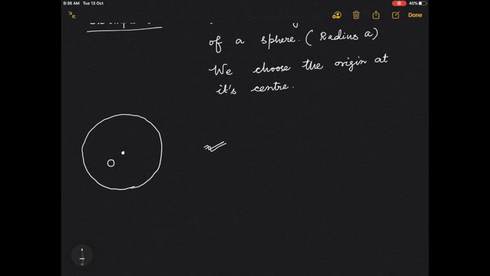Mostly for this type of case, you deal with an exterior problem, which means your volume is here outside the sphere, and one surface which is enclosing the volume is the surface of the sphere. The other surface may be at infinity. You can also deal with an interior problem where you are dealing with the volume inside the sphere. Okay, so let's say exterior problem.